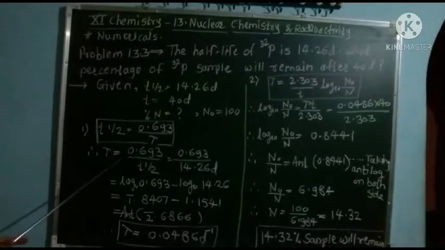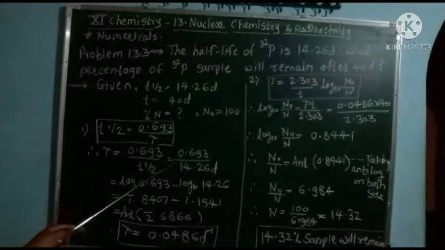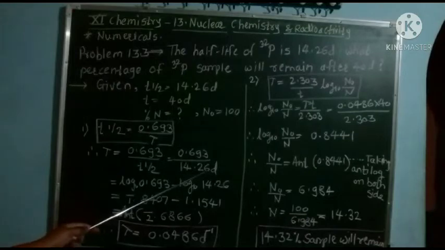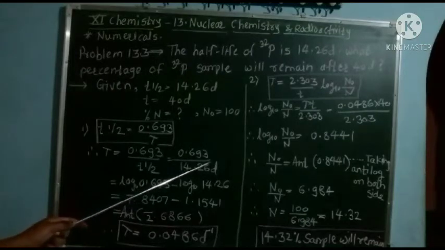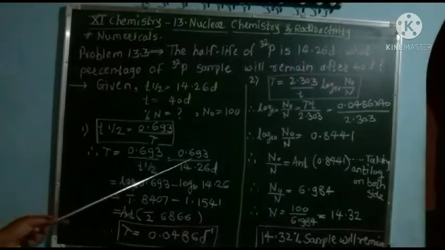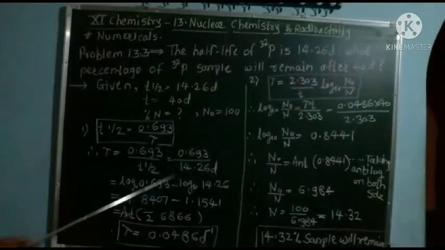Therefore lambda is equal to 0.693 divided by T half. If we put the value of T half, that is 0.693 upon 14.26 days. Now we can solve by division method or also by log method.